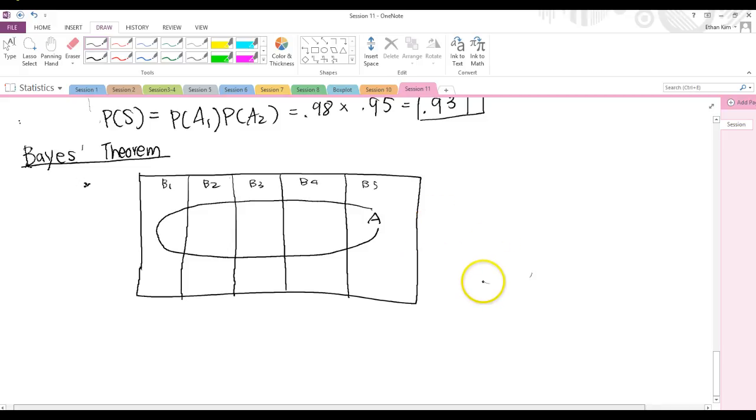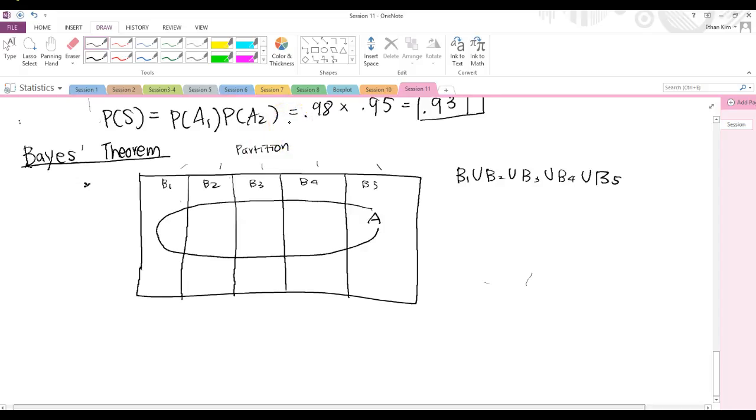So A consists of B1 union B2 union B3 union B4 union B5. And if you have these little sections, we call this a partition because we divided them up into different parts.